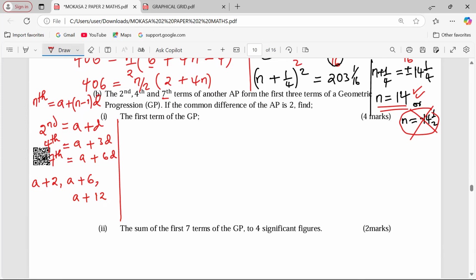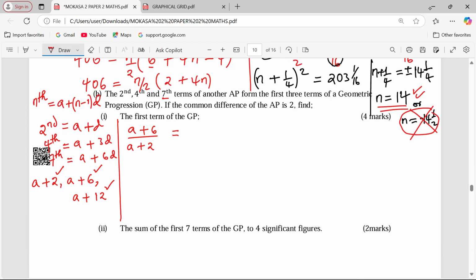So these terms, which are second, fourth, and seventh in an AP, are now consecutive in a GP. When we say that they are consecutive in a GP, and they are actually the first 3, then it means that we can talk about the common ratio for this particular GP, because in a GP, the terms are related using a common ratio, such that if we take the second term here, A plus 6, and we divide by the first one, there is a ratio that we get.